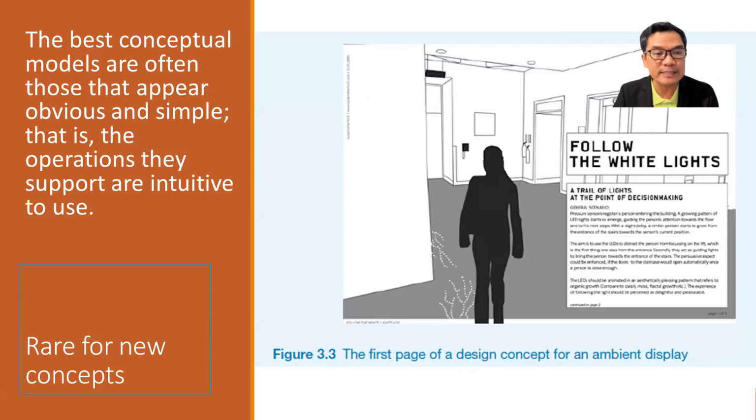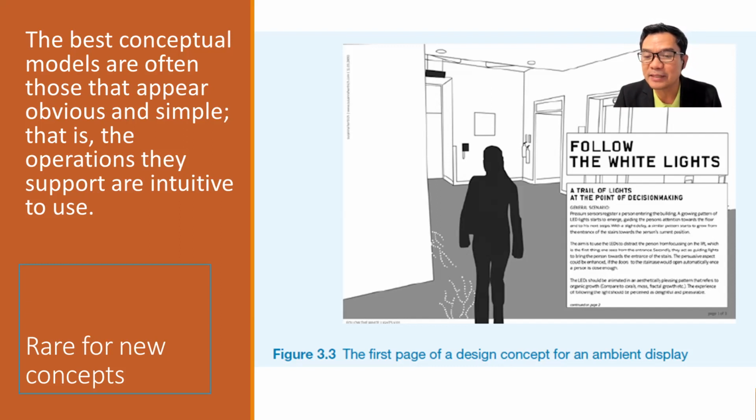For example, in this first page of a design concept for an ambient display, let me take "Follow the light": a trail of white lights at the point of decision making. I think this is a design concept on how to encourage people to use the stairs or walk rather than take the elevator.